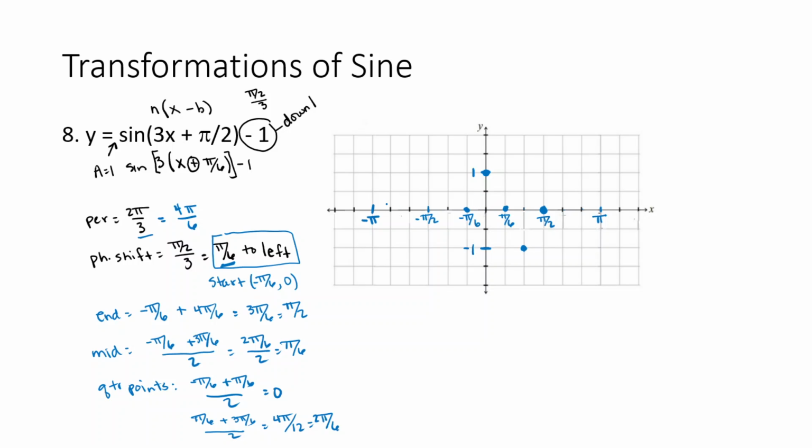And now, I have one last thing to deal with, and that is this down 1. So I'm going to take every one of those points and move them down 1. And now I can connect my dots. Now again, this is not the entire graph, so I do want to continue the cycle on. So there were 2 spaces between the zeros.